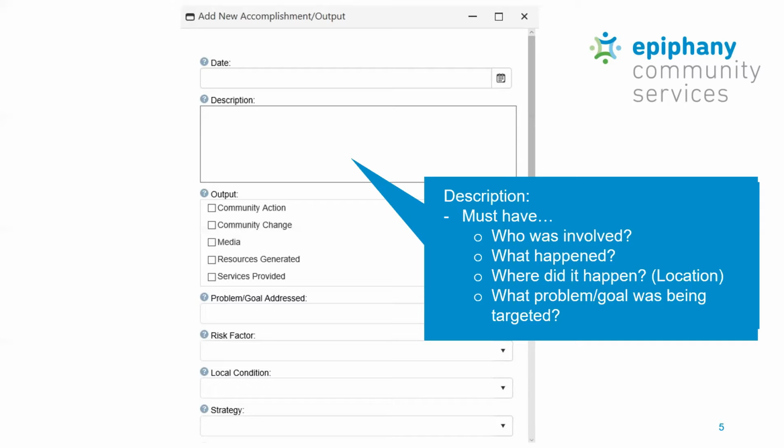When it comes to a description, I like to start out with the one of what happened. Obviously, if you're entering data, we have to know what you're entering data for, right? We have to know what happened. So whether it's a meeting, maybe it is a training you hosted, maybe you are scheduling time to chat with the school board, maybe you implemented a new policy at a local business.